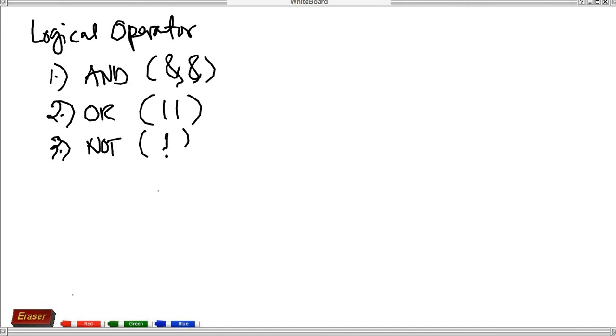Okay, so again, what is the concept of this one? This is also being used when you're going to use this in decision making. So now what's the concept behind this logical operator?